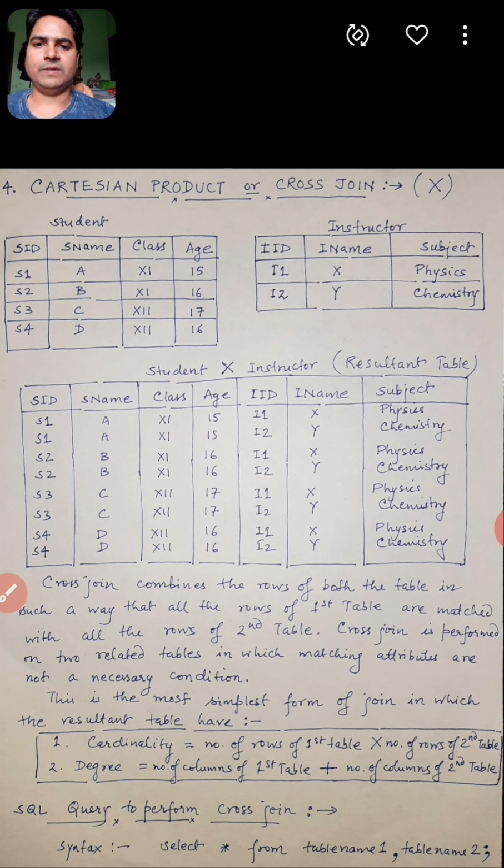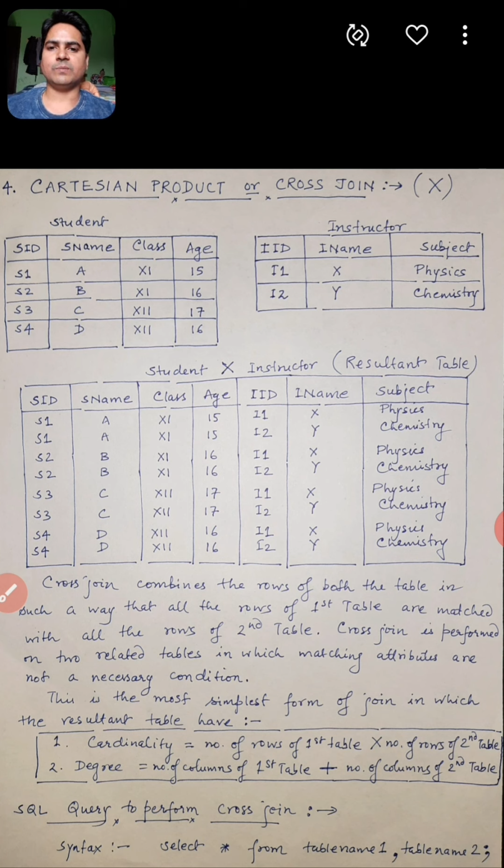Here we are going to perform cross join. Actually, cross join means multiplication. We are going to multiply the first table into the second table. So each row of the first table is matched with each row of the second table.